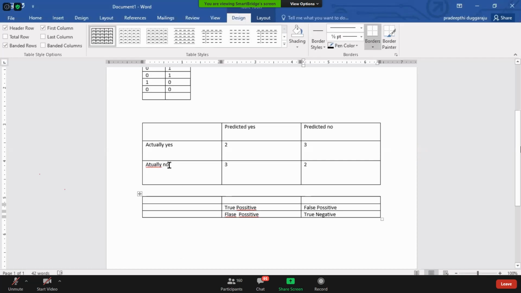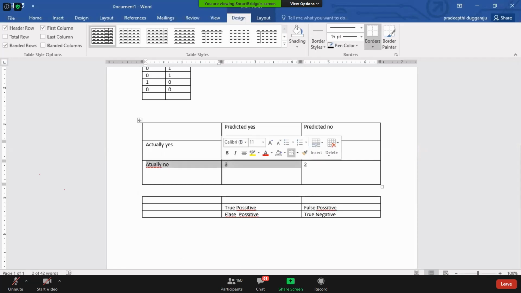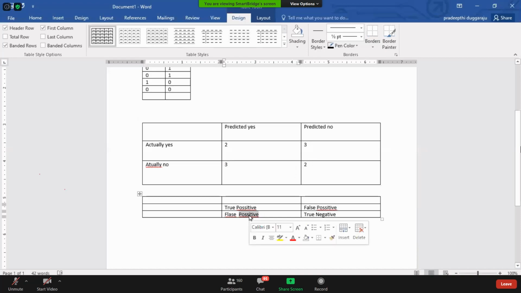These two become no, so row wise this becomes negative and this becomes negative. Now this is true positive, false positive, true negative, and so on.